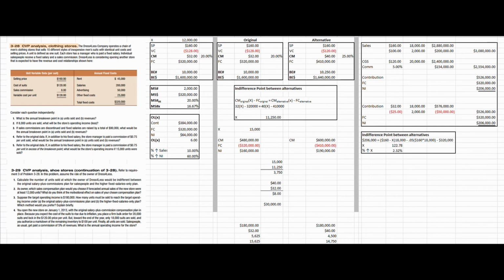So now we would ask ourselves, if we think prices are going to rise no more than 2.32%, then what should we do? We should take our chances and buy the shoes as we need them. If we believe that prices are going to rise more than 2.32%, then we should go ahead and lock in our price, essentially hedge, and in order to lock in our price, we've got to forecast our demand. Okay, that's it.